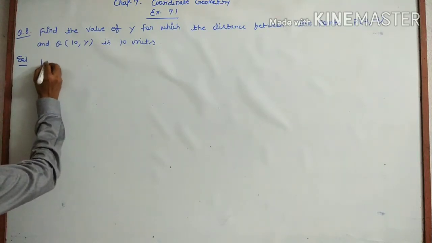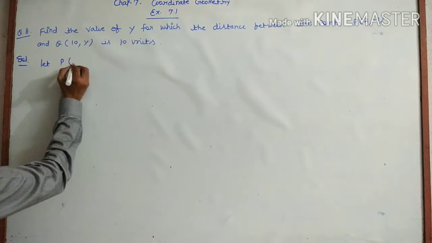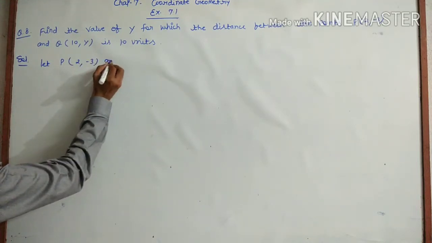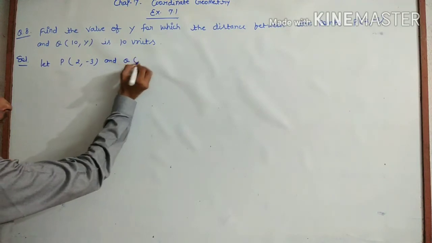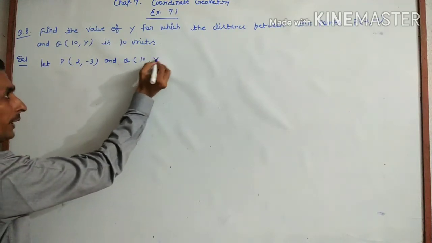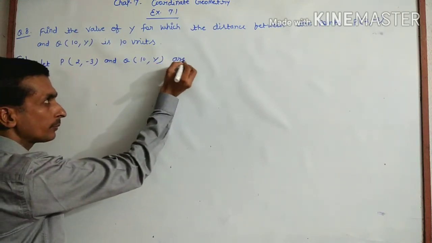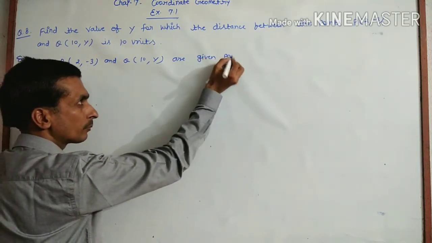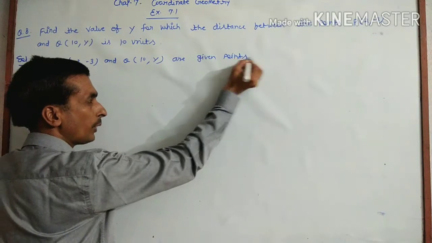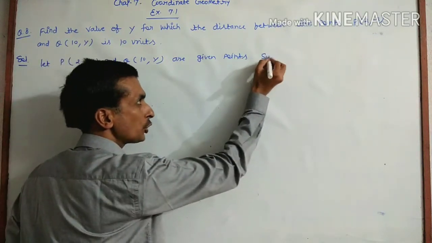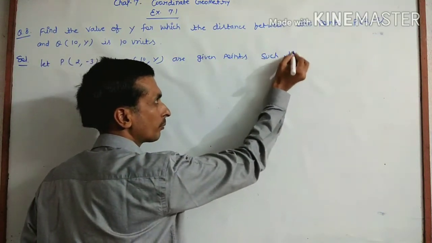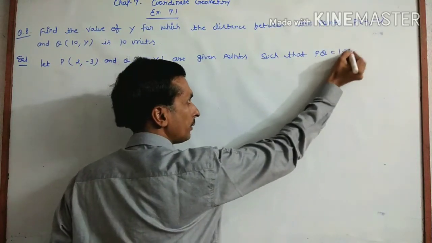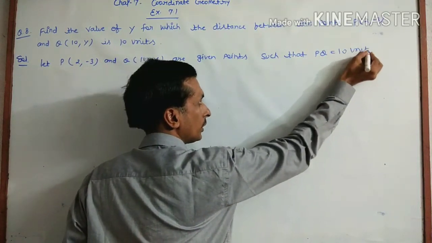Solution, let P(2, -3) and Q(10, y) are given points such that PQ equal to 10 units.